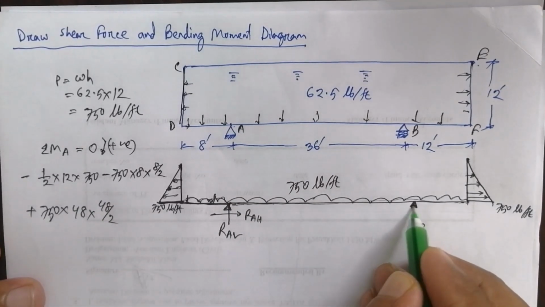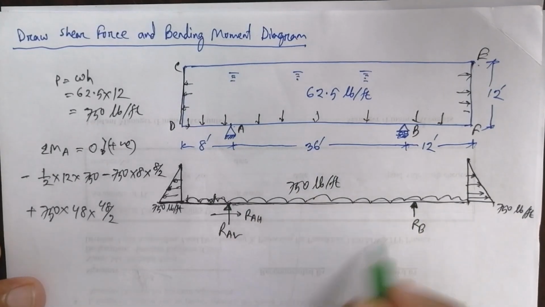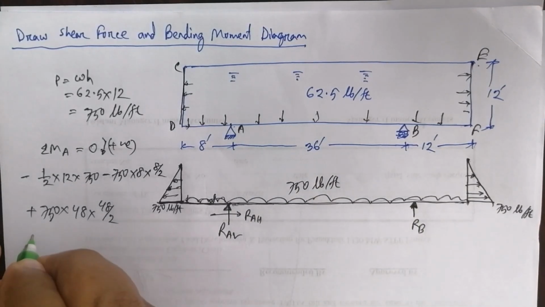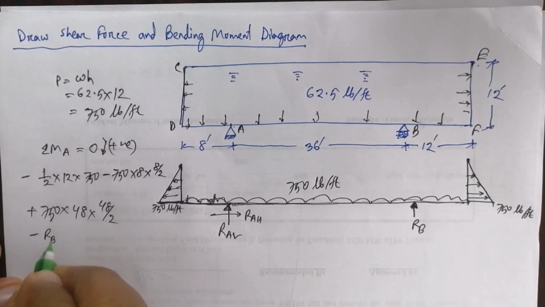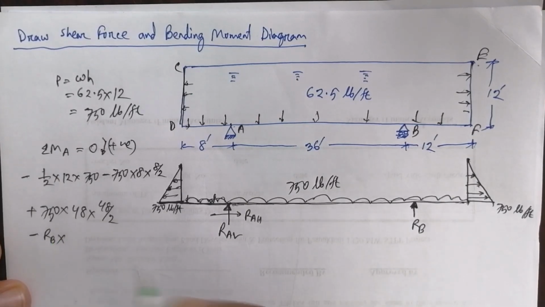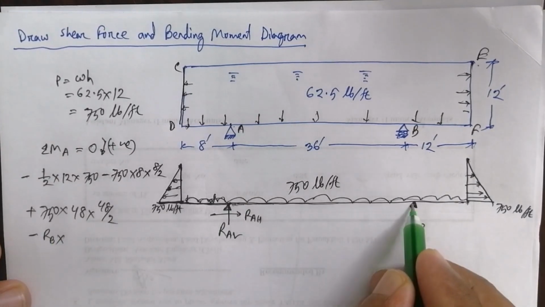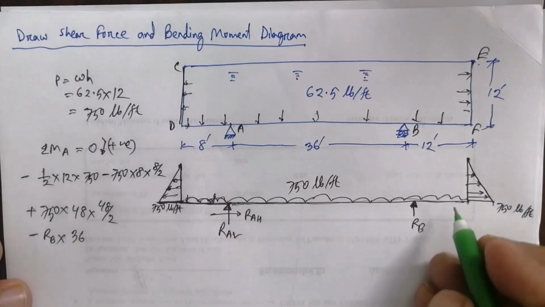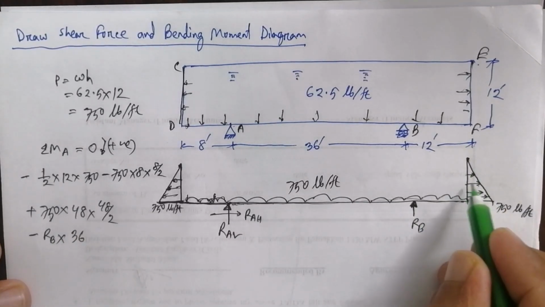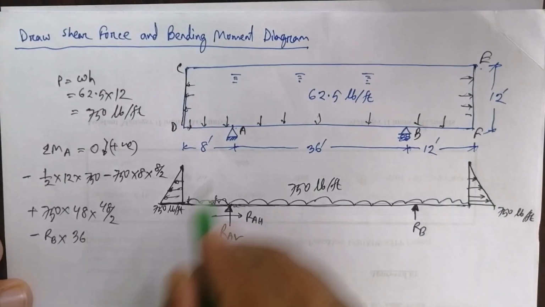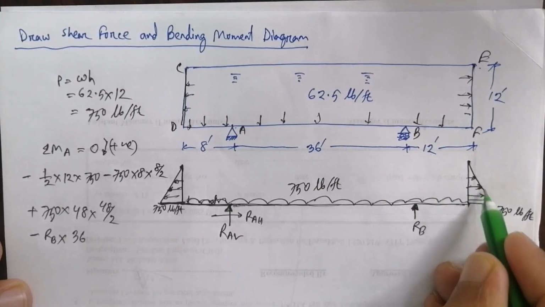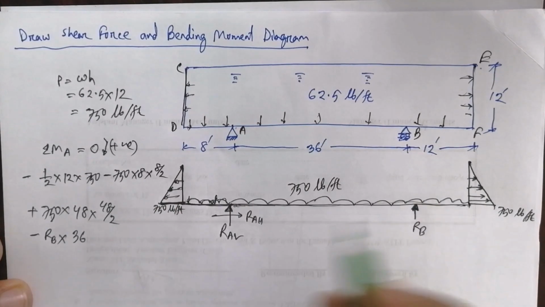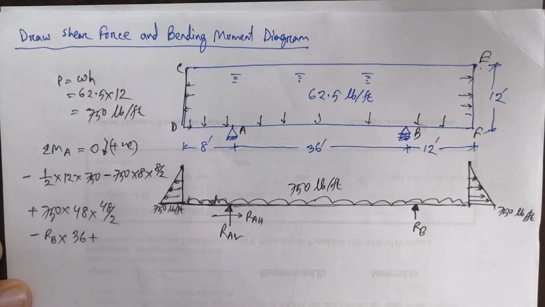Now this force, which is RB, is also anti-clockwise, so negative, minus RB into the distance, this to this, 36 feet. Now this direction is clockwise, this to this clockwise means positive.